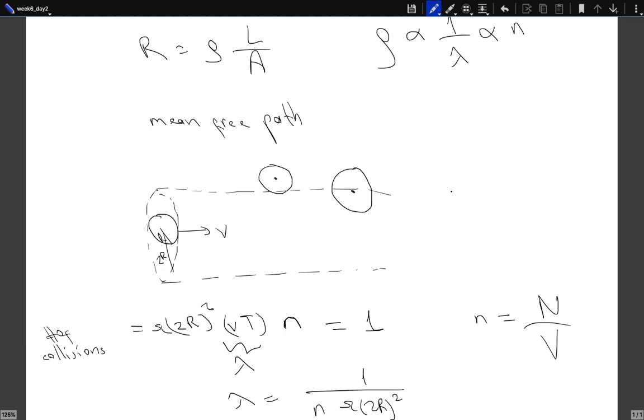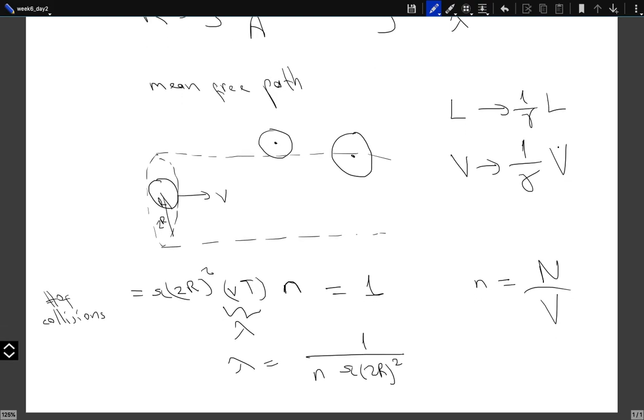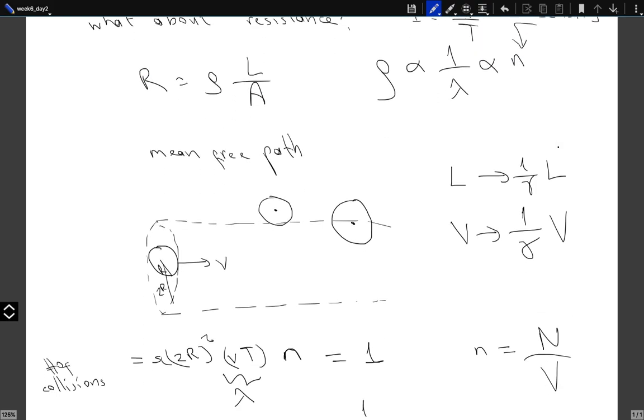So volume V will go to 1 over gamma times V, and if there is a length contracted, L will also go to 1 over gamma times L. Now let's see the area. Well, it depends on the orientation of the area. If the area is moving upward and you go to a reference frame which is moving horizontally, then only one dimension of the area is contracted, so the area changes by the same factor, 1 over gamma. If the area is moving horizontally and you start moving like this, the area doesn't change.